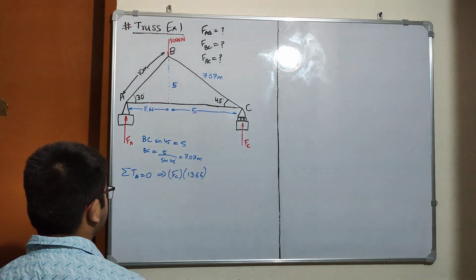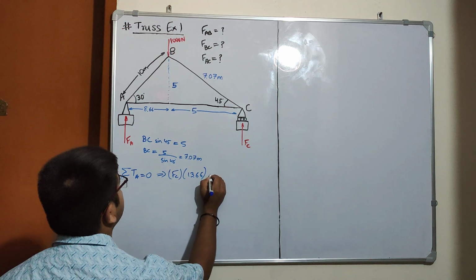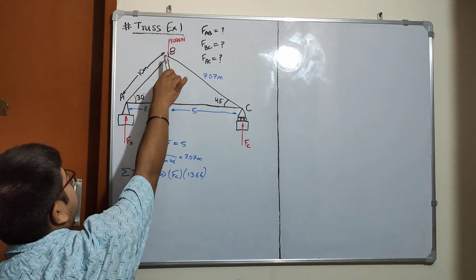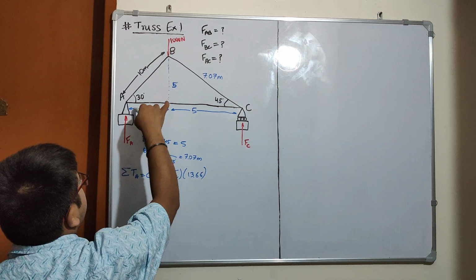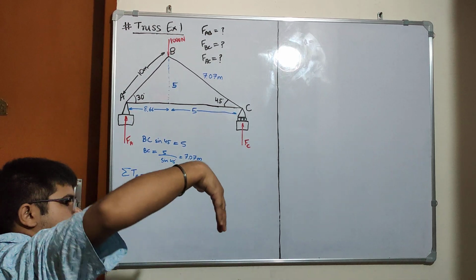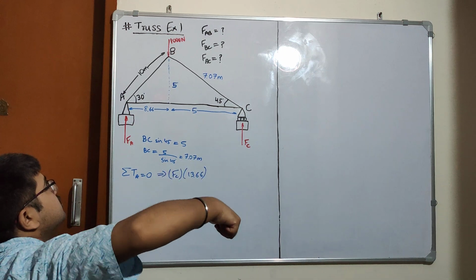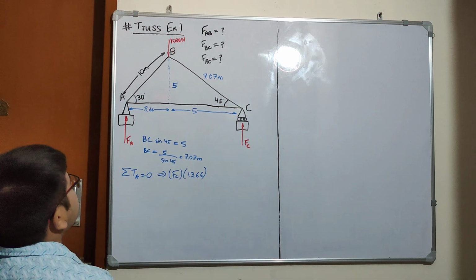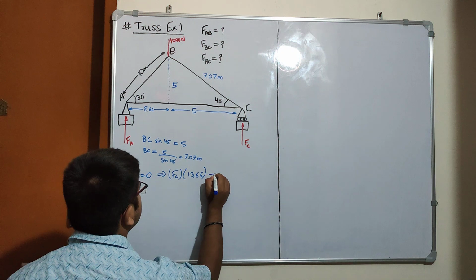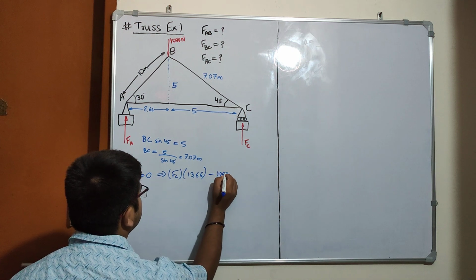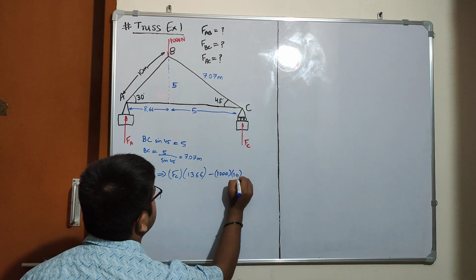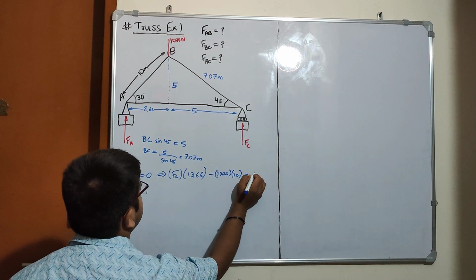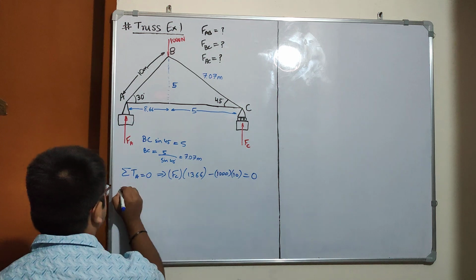and then we have this force. This is in anti-clockwise, this is in clockwise sense, as we can see here. This is clockwise into the plane, so it is negative. So we have minus 1000 cross 10 meters equals 0.